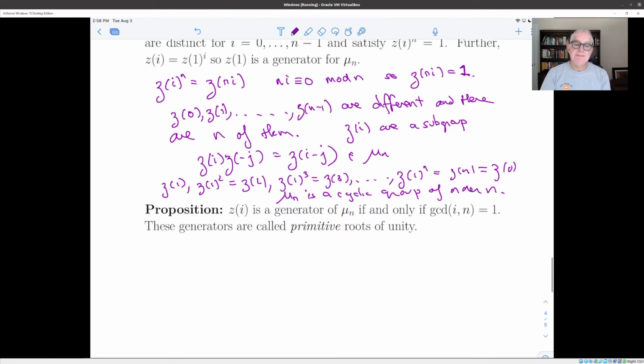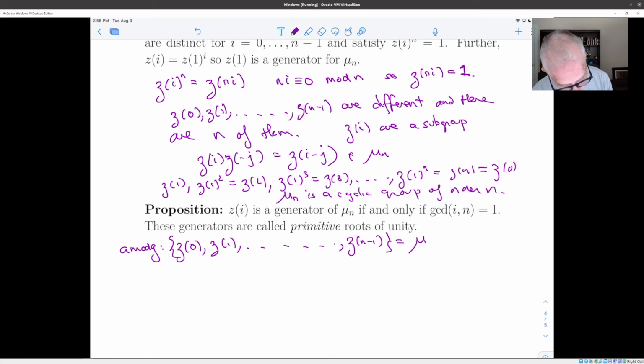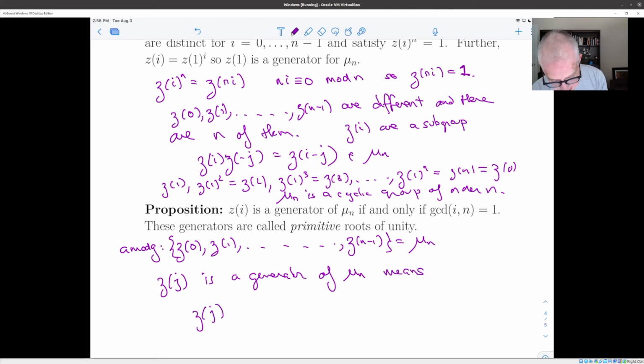And more generally, among the z of 0, z of 1, these n things, z of j is a generator if the equation z of j to the k equals 1 means that n has to divide jk.